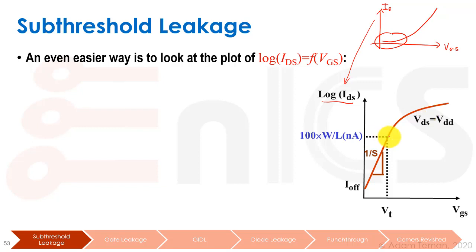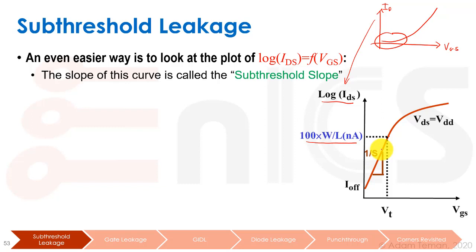Okay, so VT is going to be this point where we have 100 times W over L nanoamps, and under that we have an exponential area, so it's pretty much linear. The slope of this is going to be 1 over S, where S is what we call the subthreshold slope, because it's the slope of this log IDS to VGS curve in the subthreshold area.